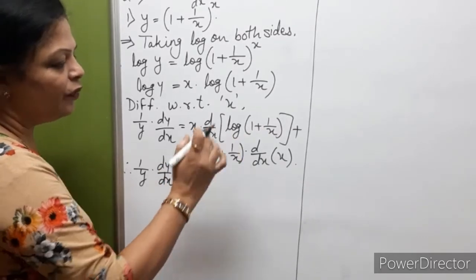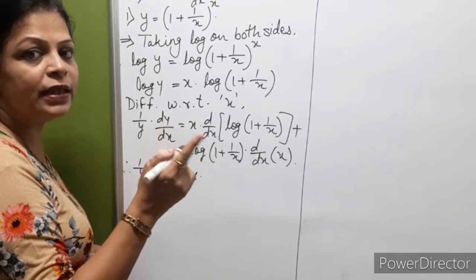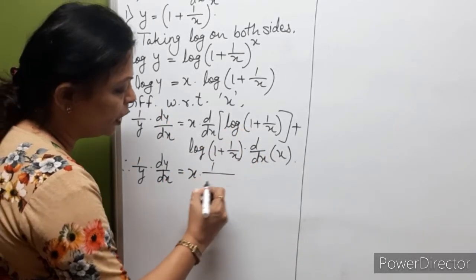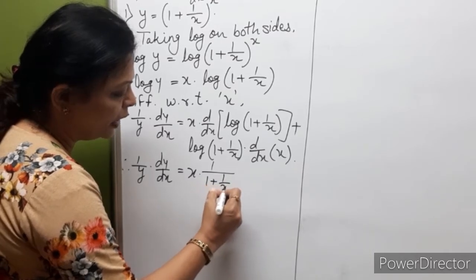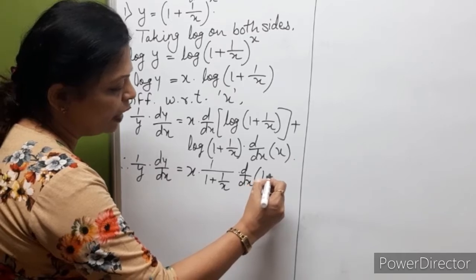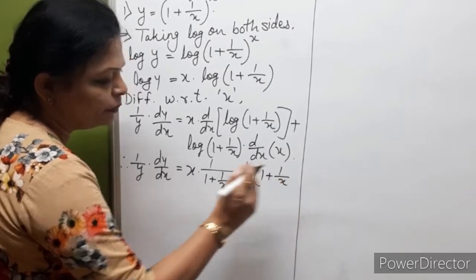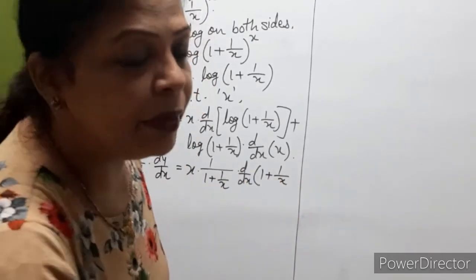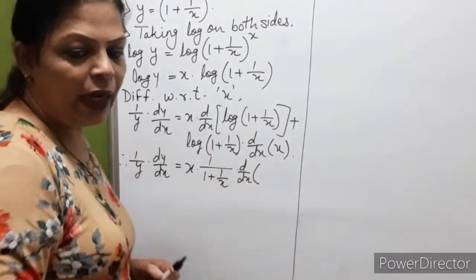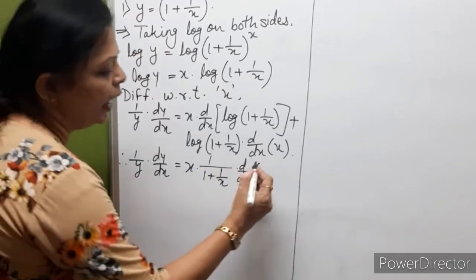The derivative of log x is 1 upon x. So over here you will get 1 upon (1 plus 1 upon x) into d dx of (1 plus 1 upon x). Now 1 plus 1 upon x can be written, take the LCM, as (x plus 1) upon x.